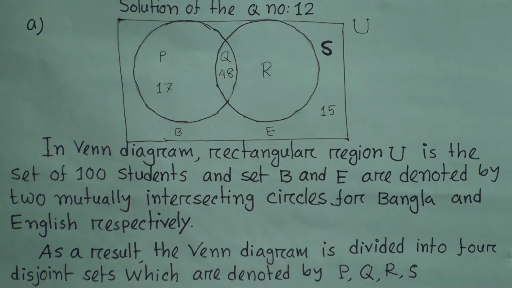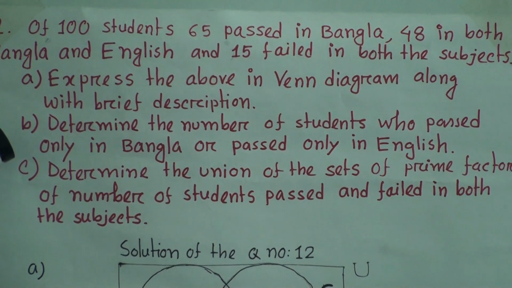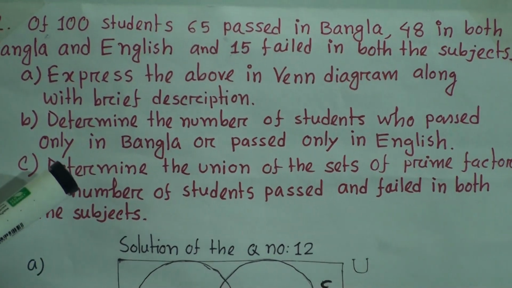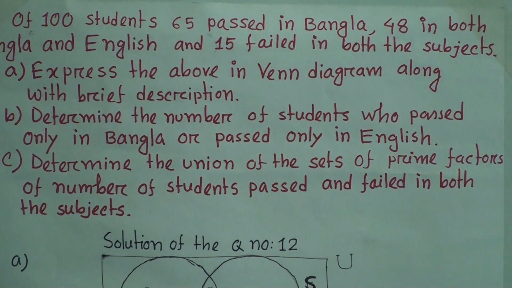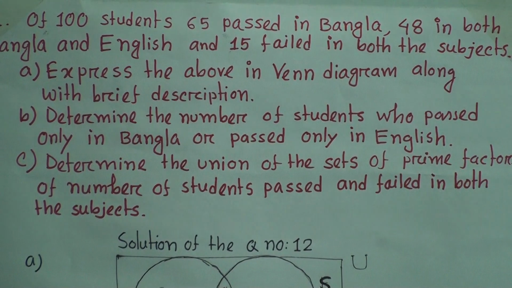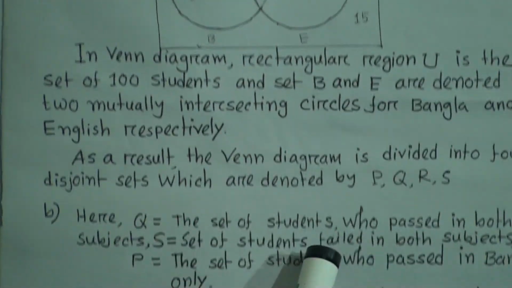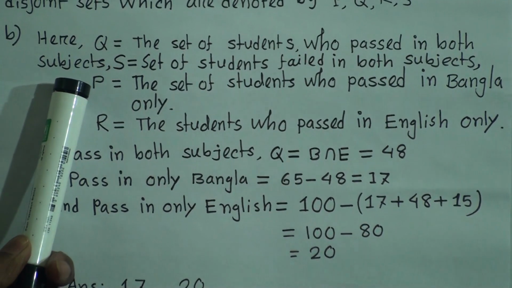Now part A is finished. Now part B: determine the number of students who passed only in Bangla or passed only in English. Look here, Q means the set of students who passed in both subjects, that means Bangla and English.